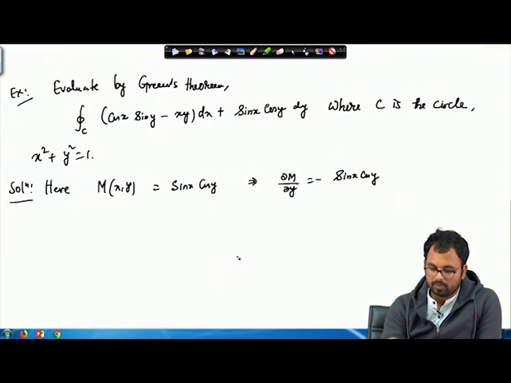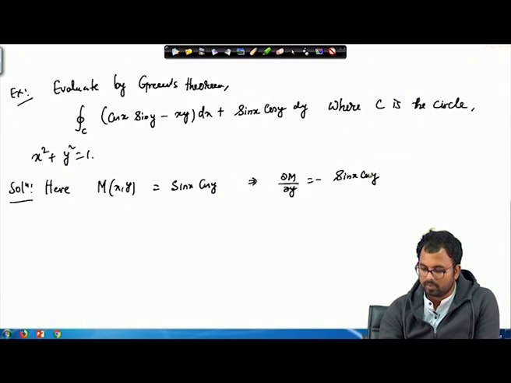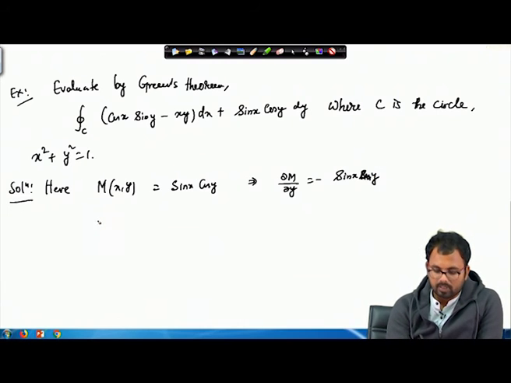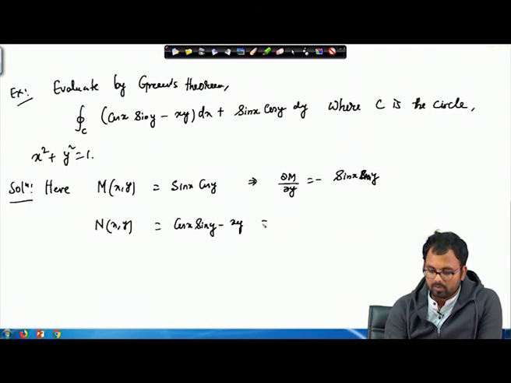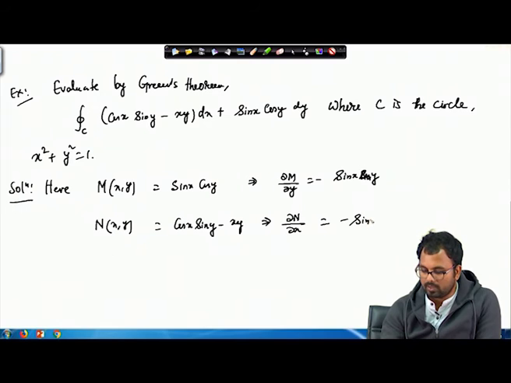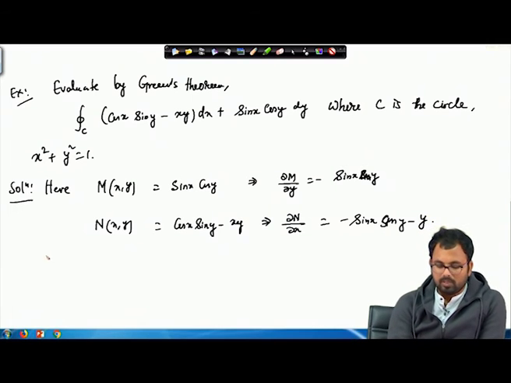So, if I differentiate, this will be minus of sin x, minus of sin y. So, this will be del n del x, and del n del x would be minus of sin x sin y minus y.